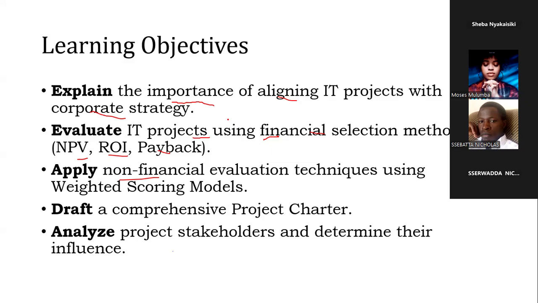The longevity of the vendor in the market. We want to be able to draft a comprehensive project charter. Then finally, analyze project stakeholders and determine their influence. Stakeholders are those people who will make or break your system, your project.